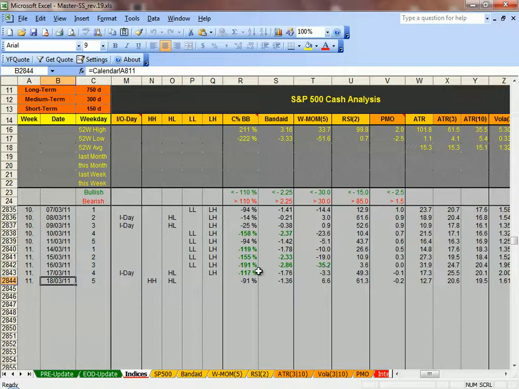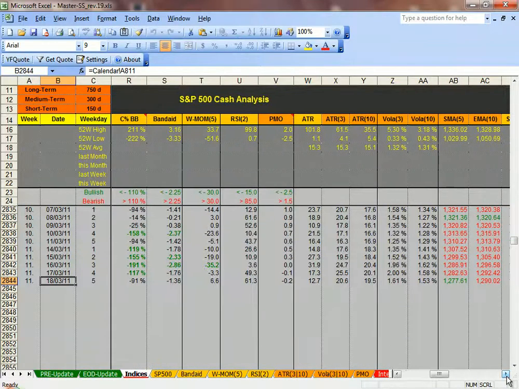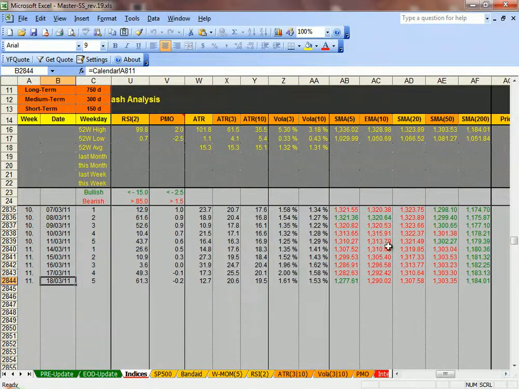But we have a bunch of greens starting to line up here with the Bollinger Band, the Band-Aid, my 5-day momentum. Go across the spreadsheet a few more. I'll show you a picture here. We have the various moving averages: 5, 10, 20, 50, and 200 day.